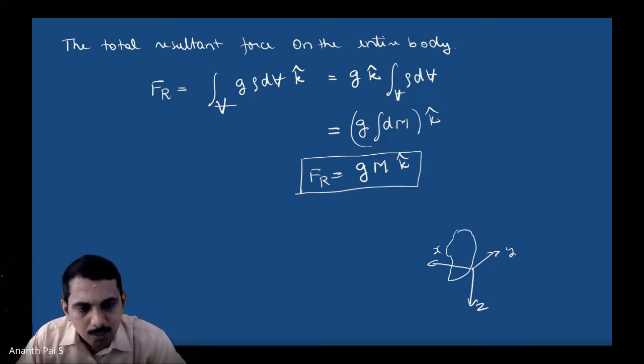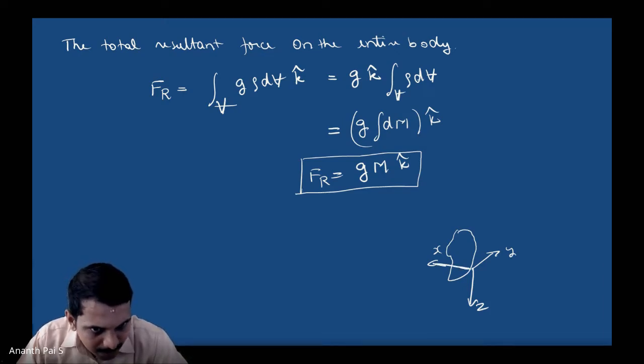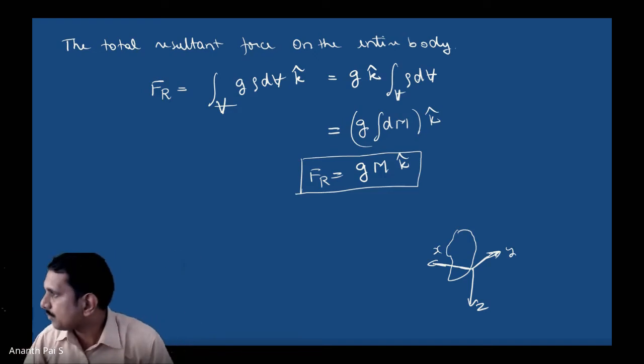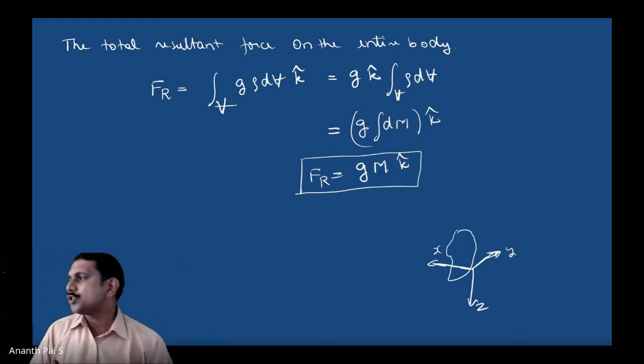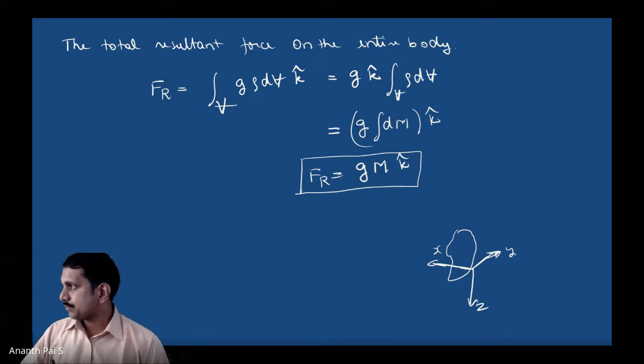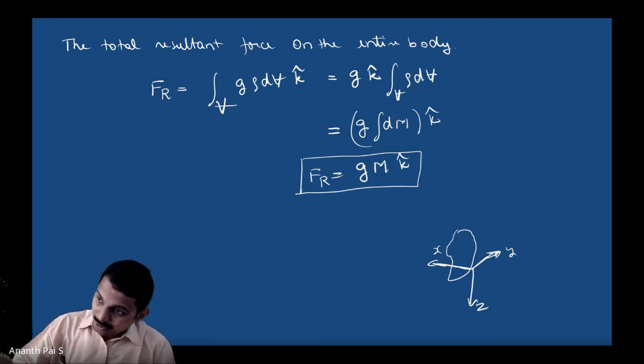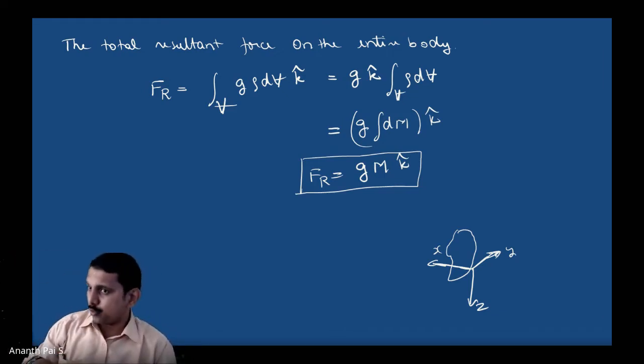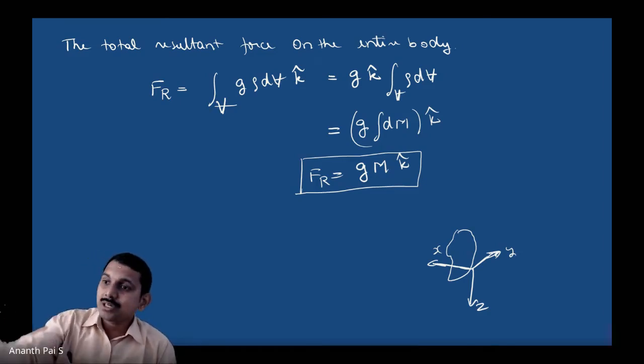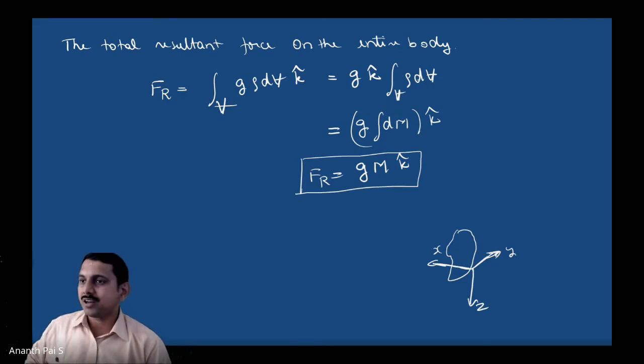So now we have a rigid body here, at the back of this. Now, what should happen? The moments with respect to any axis should vanish, or the moment caused by these distributed forces should be equal to the moment caused by this individual force Fr.